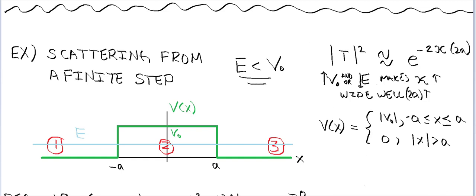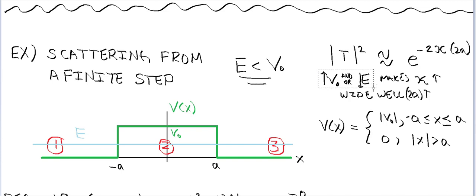So if either V naught or E or both goes up, then kappa gets big, right? So if V naught gets bigger but E stays the same, kappa gets big. If V naught stays the same and E gets smaller, kappa gets big.